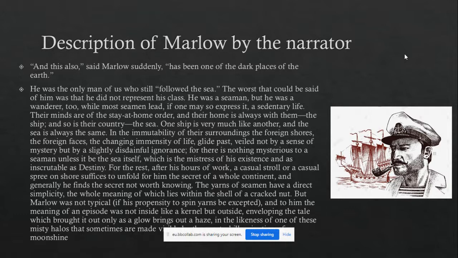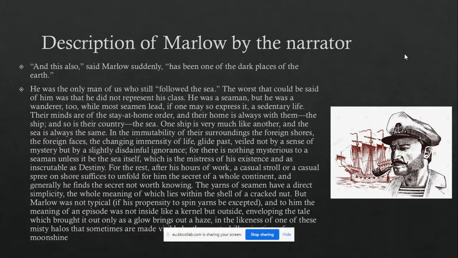So, for the rest, after his hours of work, a casual stroll or a casual spree on the shores suffices to unfold for him the secret of a whole continent, and generally he finds the secret not worth knowing. The yarns of seamen have a direct simplicity, the whole meaning of which lies within the shell of a cracked nut. But Marlow was not typical.